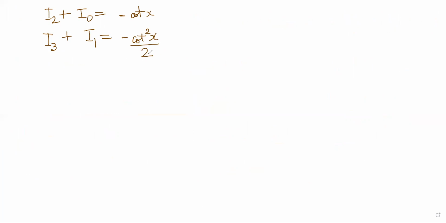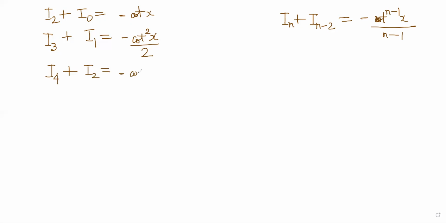You can put it in the formula. The formula is: In plus In minus 2 is equal to minus cot power n minus 1 x by n minus 1, right? I3 plus I1 is this. Then I4 plus I2 will come out as minus cot cube x by 3, and so on.